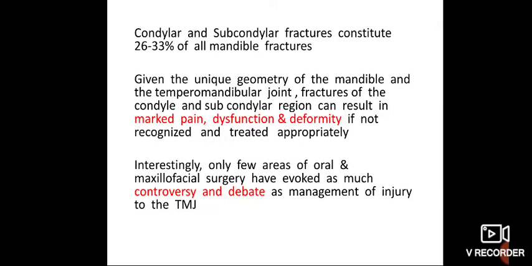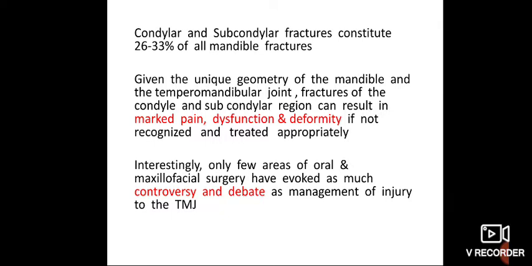So if you don't treat it, or if it is not managed correctly, the patient can end up with all three of them. A chronic pain which has not subsided, and the patient is unhappy with that. Dysfunction due to malocclusion or an internal derangement in the joint. And a deformity, especially in children, who might end up with post-ankylosis deformities.